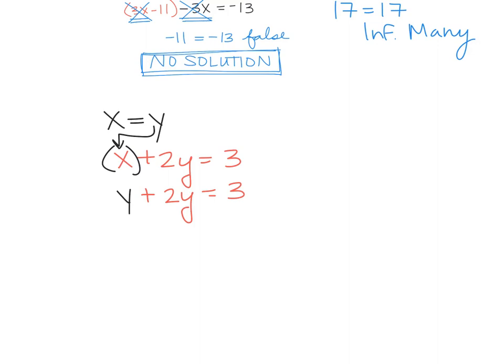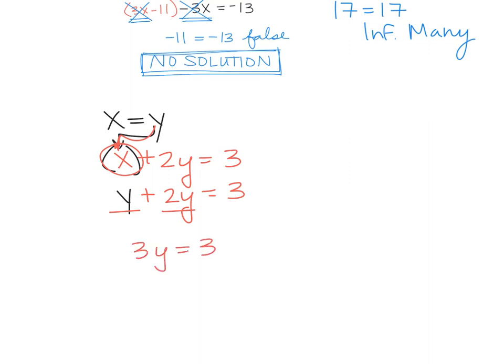You with me? Yeah. So you're saying since x equals y, we can take out the x and put in the y because they're the same thing. X and y are the same, right? Okay, so your next step here is simplify, solve this. So you are doing y plus 2y is what? 1y plus 2y would be 3y.